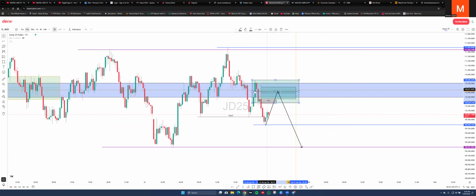This is a 15 minute order block. This particular candle is the order block. The order block kind of covers both the FVG we saw on 5 minutes and the order block on 5 minutes.